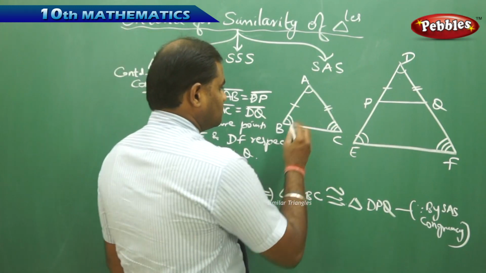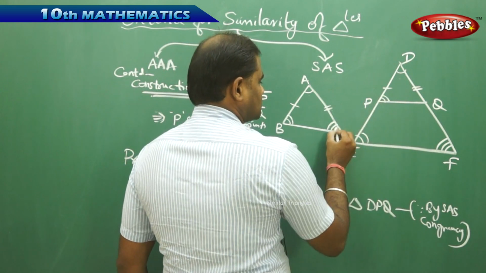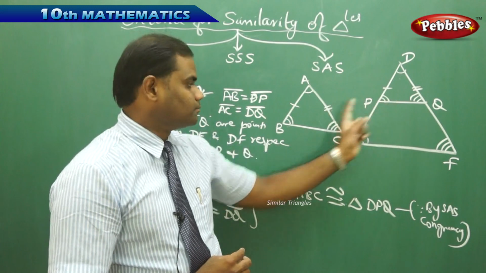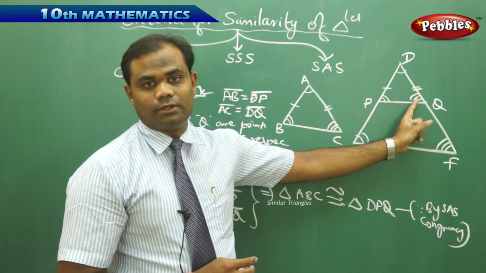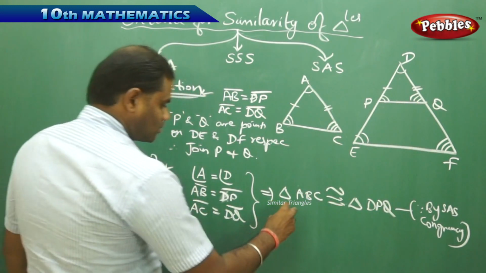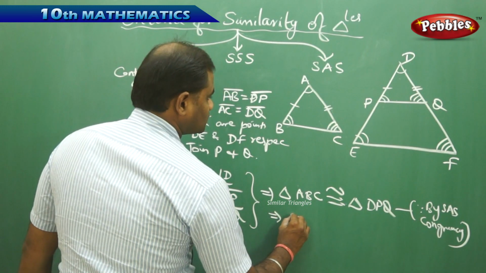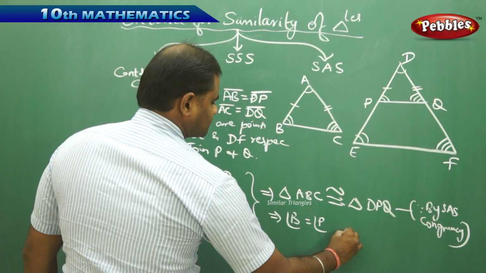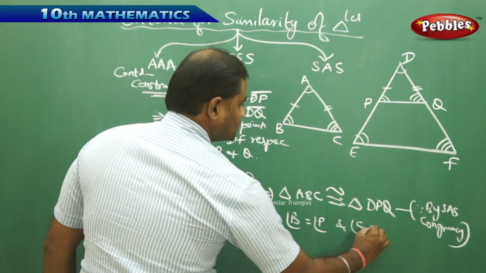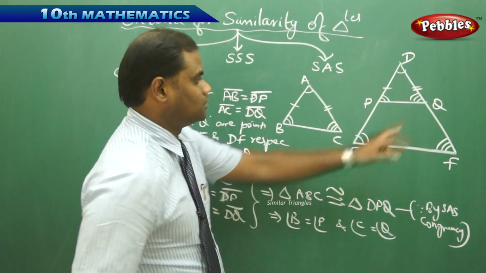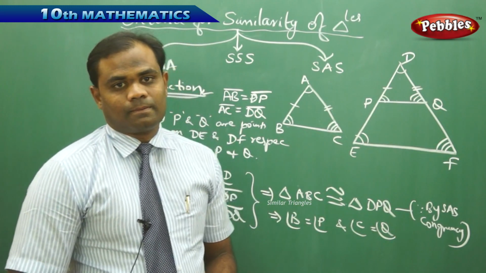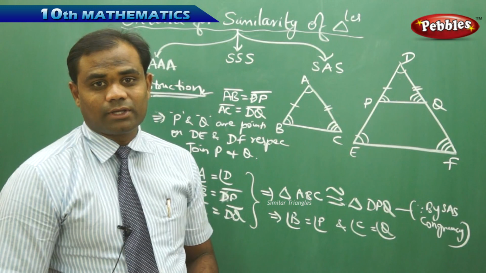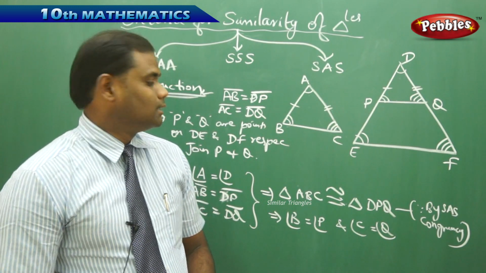Therefore, this will be equal to this and this will be equal to this. That is, angle B equals angle P and angle C equals angle Q here. Because of congruency, corresponding sides and corresponding angles are respectively equal.